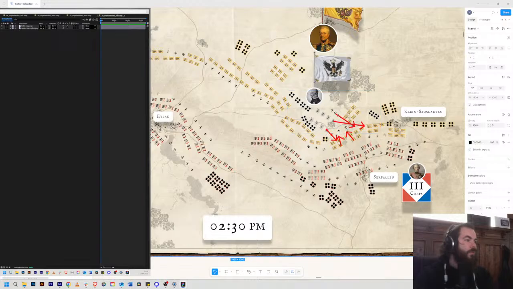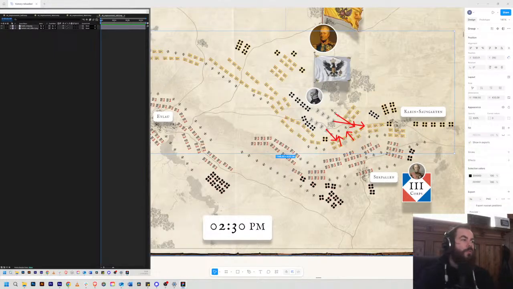Then we're gonna need the Russian position. Let's export that one. And we're gonna need the French positions, which is just this one. This is a static one, which will not move.